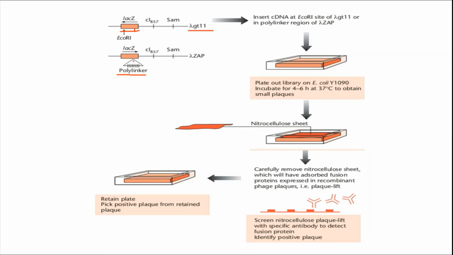Okay. Suppose we insert the foreign DNA into this gene to be expressed. Insert the cDNA into the EcoRI site. cDNA means this is going to be expressed here. And the EcoRI site is in lambda gt11, the polylinker sequence of lambda gt11.